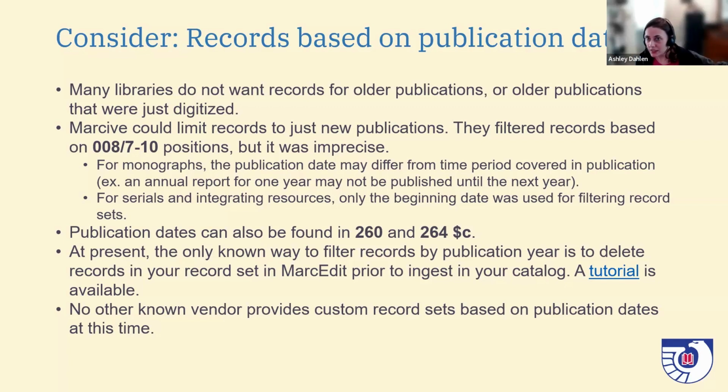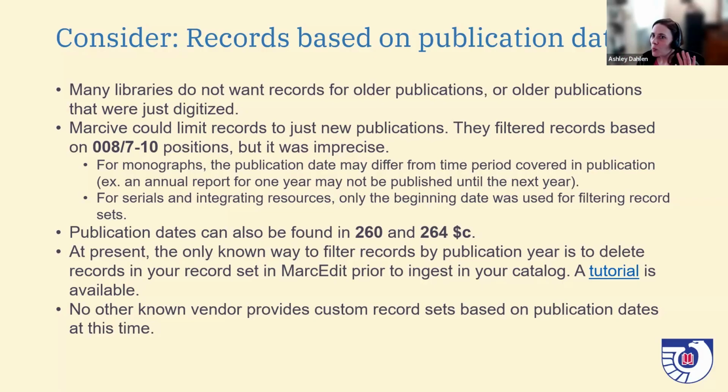So they wouldn't give you that earlier material. You can also find publication dates in the 260 and the 264 subfield C, but they are inconsistently used. So the 008 field is typically the best, most consistent way of identifying the date of the publication.